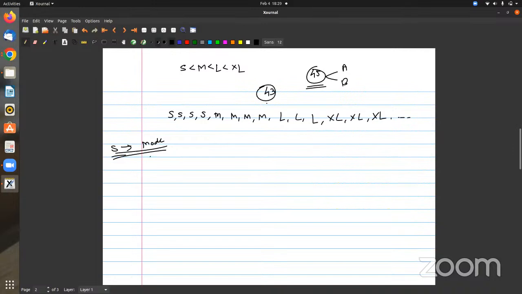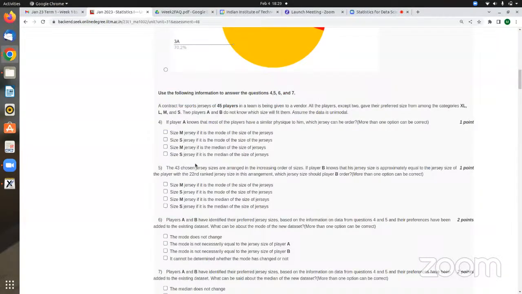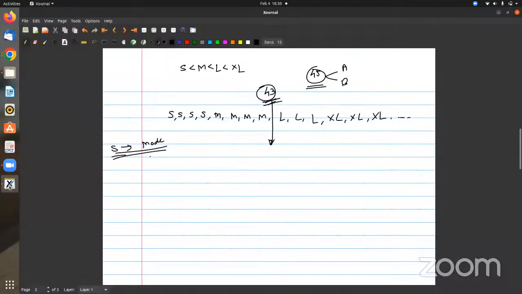So first of all, think about these 43 players, right? So let's say it is 43. And it is also the median of the jerseys, right? First of all, can you tell me what will be the median here? Which number will be the median out of 45? 22 or 23.